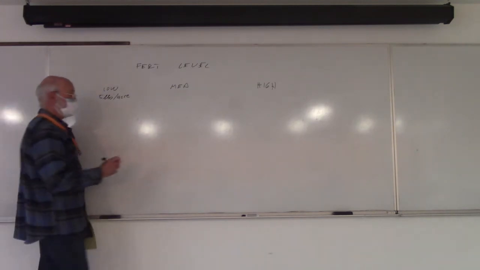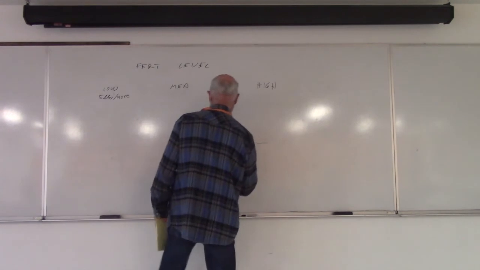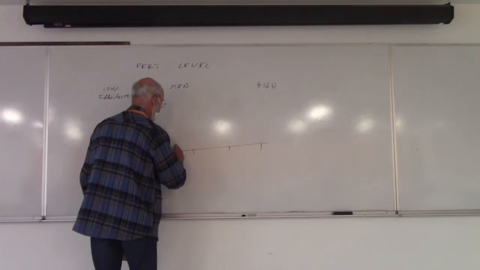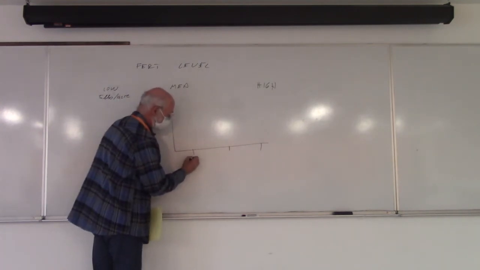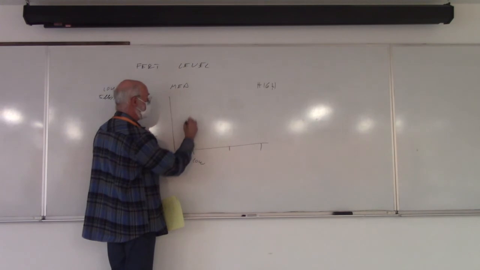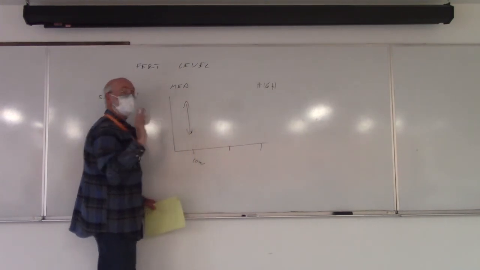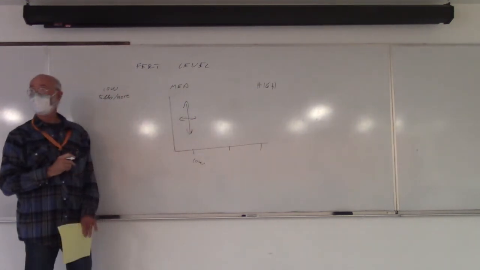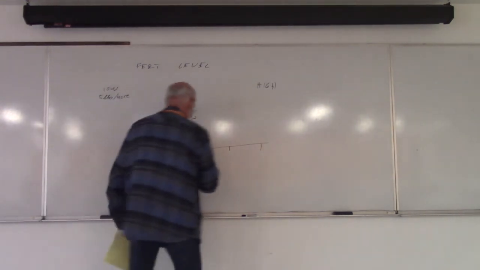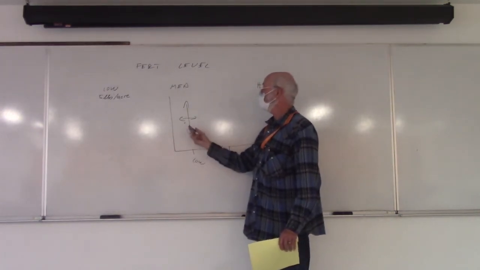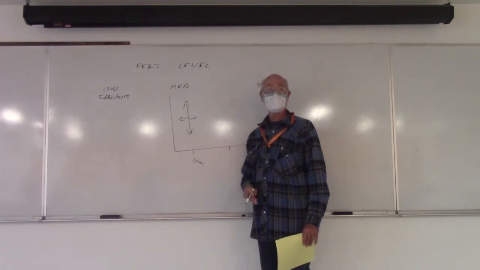In other words, if here's fertilizer level, and I say this is low, this is medium, and this is high, all my variation is going to be in that direction. I'm not going to get any variation in that direction. So when I say I have a low concentration, I'm going to ignore all that noise going off in that direction.